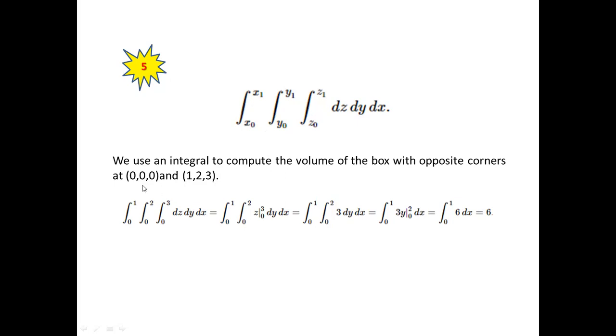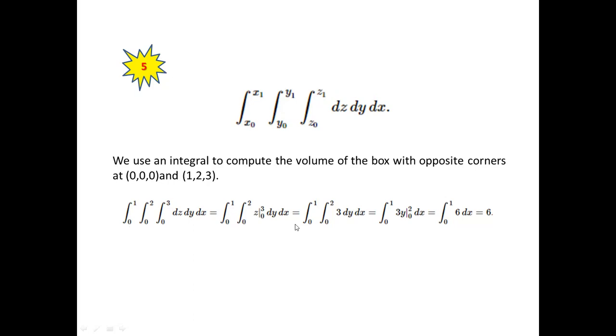So that tells us that on the x, the highest point is 1, the lowest point is 0. On y, it's 0 for the lowest point, the highest point is 2. And on z, the farthest point is 3. And of course, we have the origin to start with. So when you write the limits, all will have 0 for the lower limit. This is for z, this is for y, and this is for x.